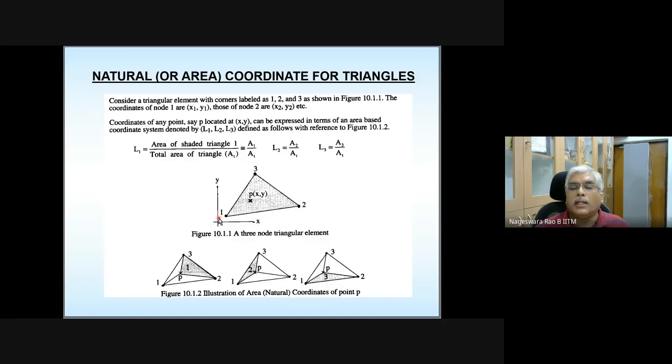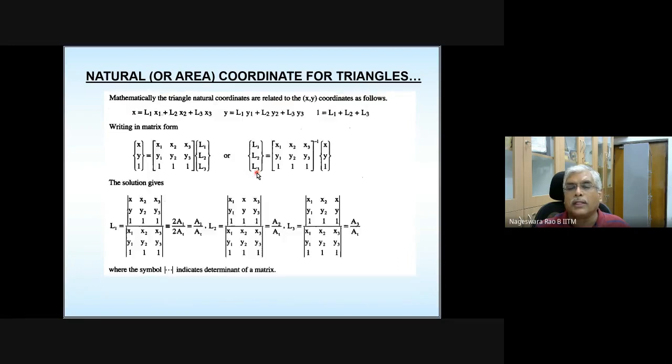So here the labeling is 1, 0, 0. Here the labeling is 0, 1, 0. Here the labeling is 0, 0, 1. Any questions here? So that is what is shown here.